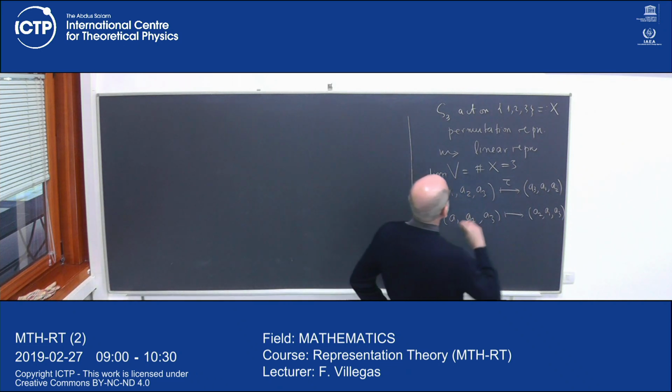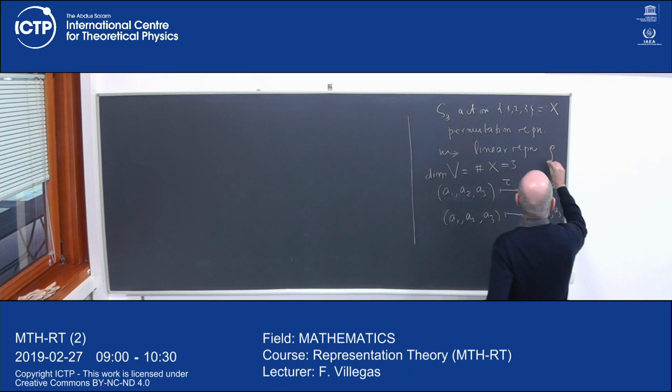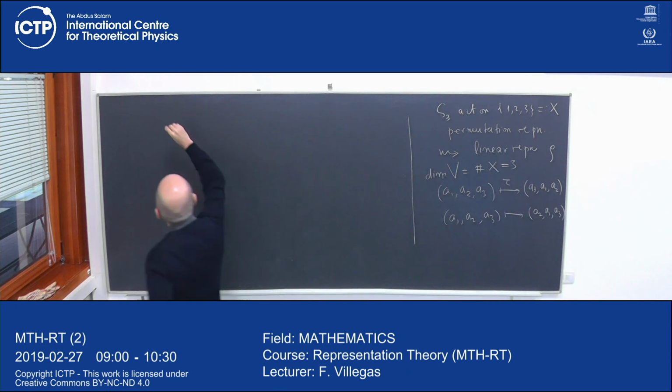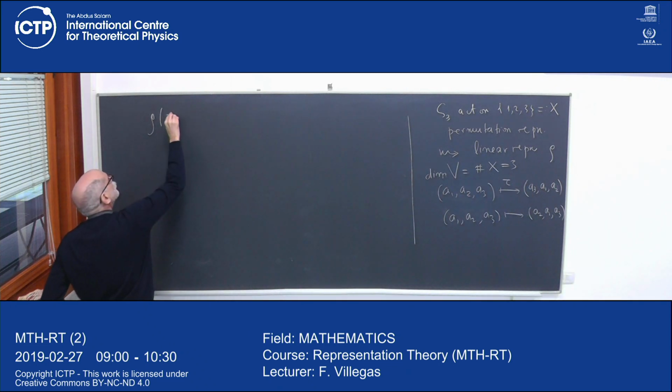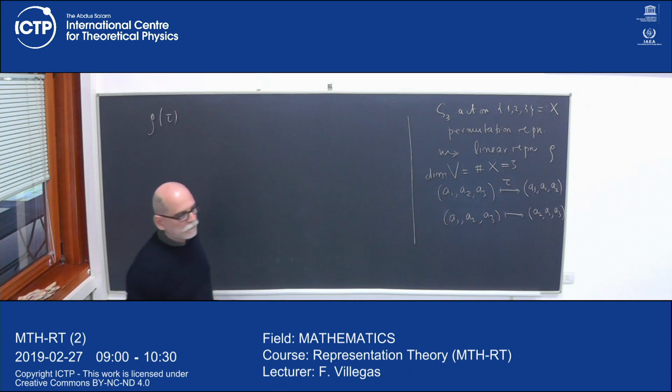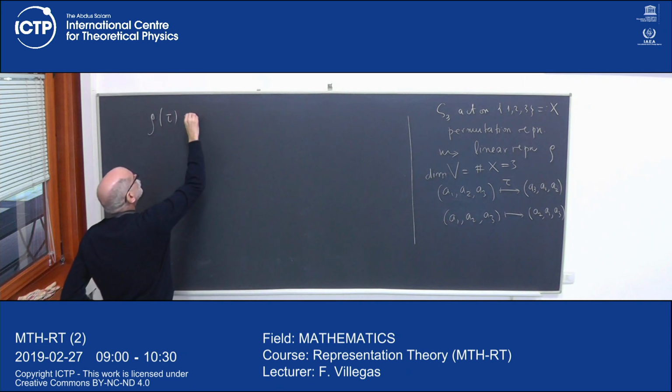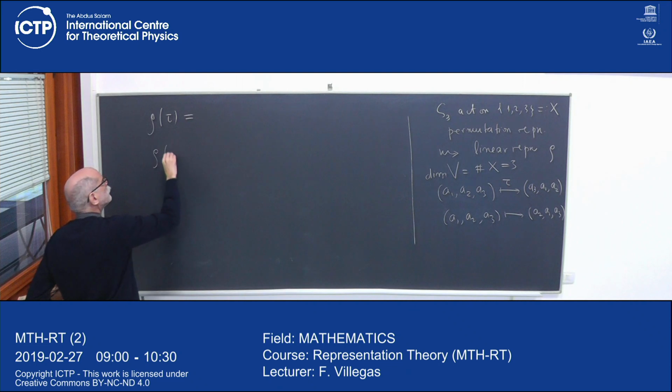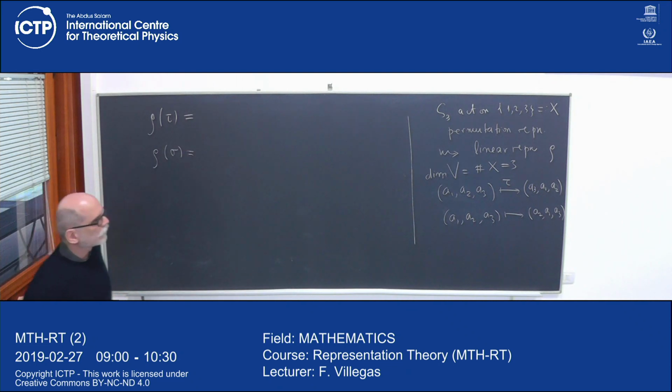So I'm going to call it linear representation rho. So just to fix ideas, if we have chosen a basis in a vector space, rho of tau and rho of sigma are matrices. Let's figure out what those matrices are.